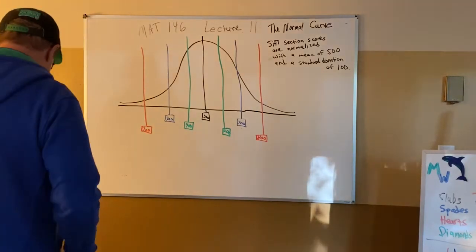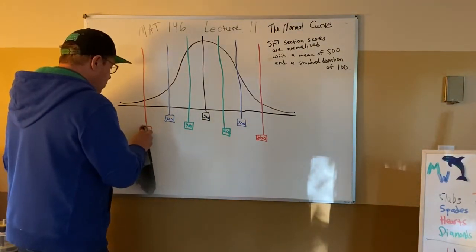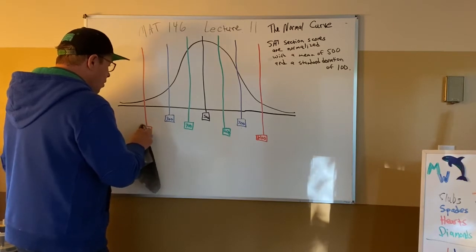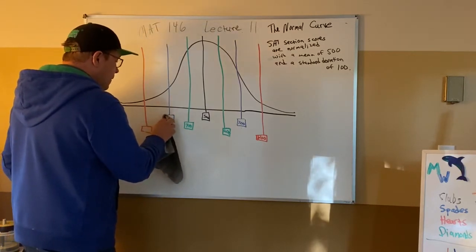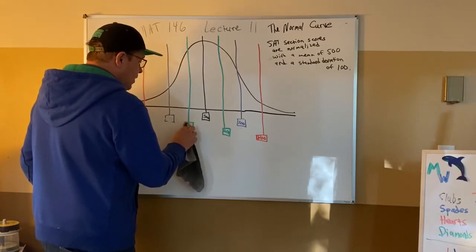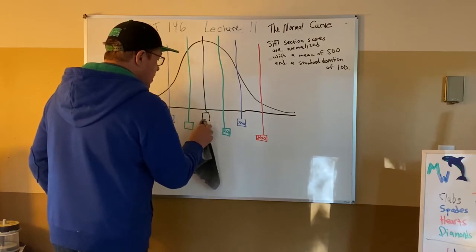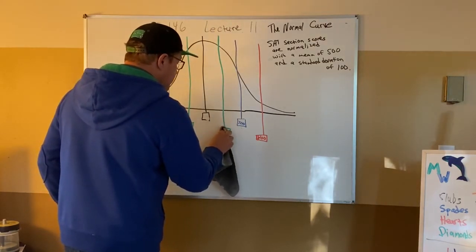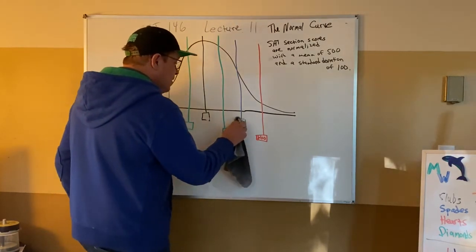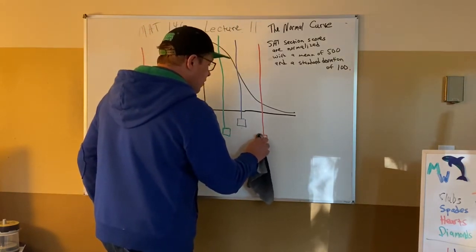And this is what goes on when we have the normal curve. But the thing about the normal curve is it's there for all of our data sets that are normal data sets. And therefore the shape of the curve will remain the same, and the 1, 2, 3 rule of 68, 95, and 99.7% is going to be in play all the time.